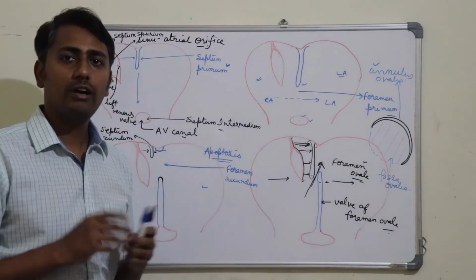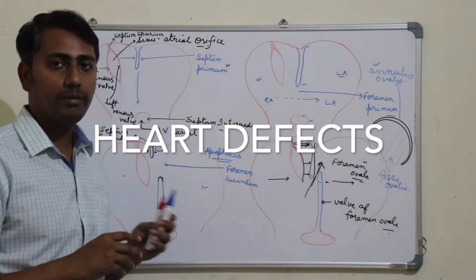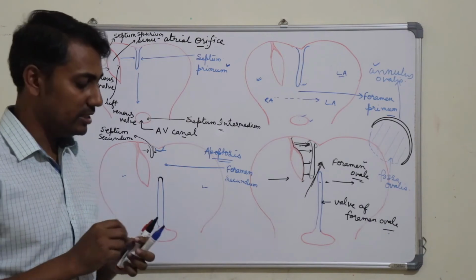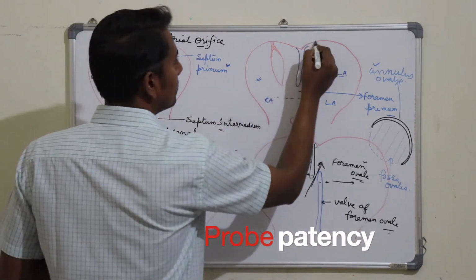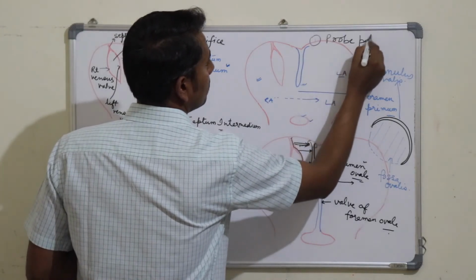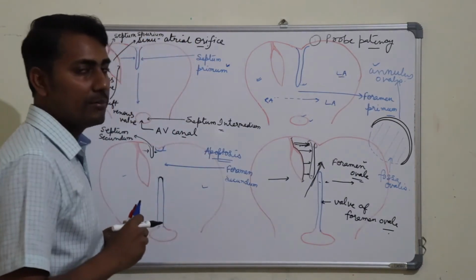Okay. Now we will study the different heart defects based on the development or formation of the interatrial septum. First is the probe patent foramen ovale.